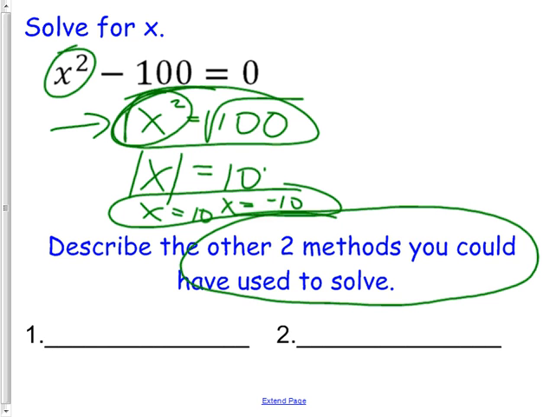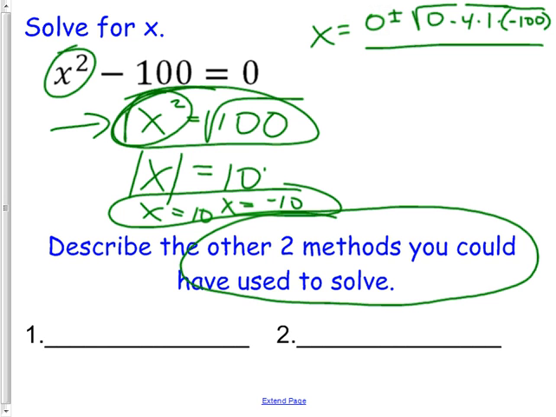Now, could I have done it in 3 ways? Yep, I could have done the quadratic formula as my 3rd way. The quadratic formula is x equals negative b. There's no b. Plus or minus the square root of b squared, minus 4ac, minus 4 times 1 times negative 100, all over 2a, all over 2. So then that means positive 400, plus and minus the square root of 400, all over 2. What does the square root of 400 break into?